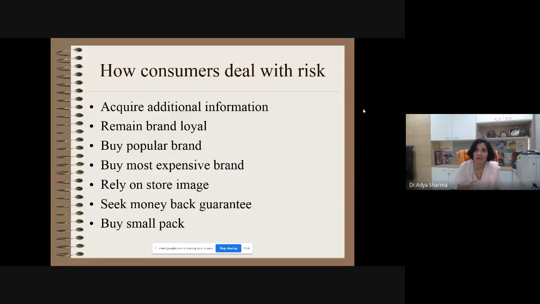And how do we help? So what do consumers do? When consumers don't know about something, they acquire additional information. For example, students who want to join SCMS, if they're not really clear about everything, want to acquire additional information.